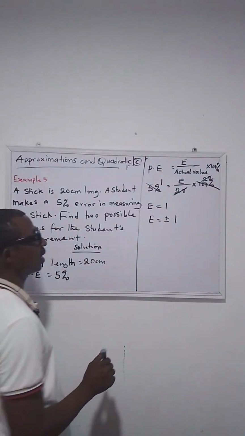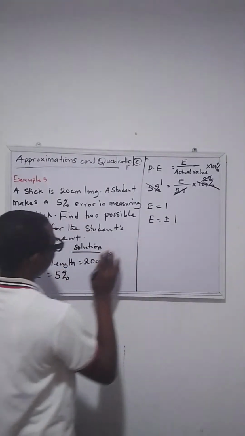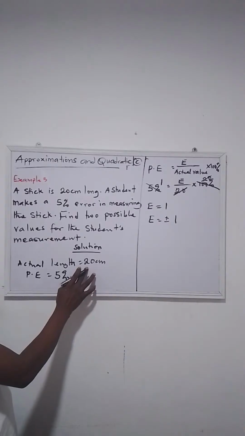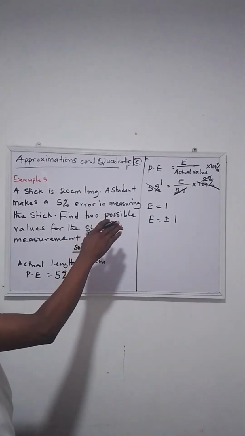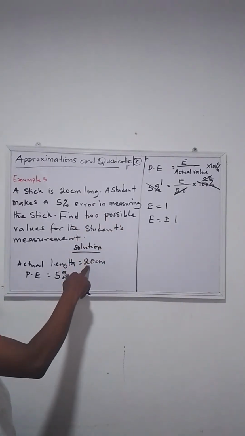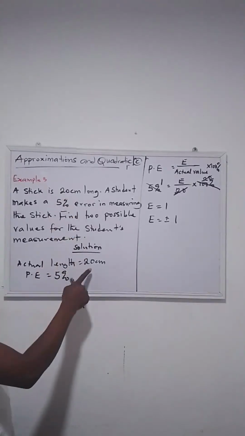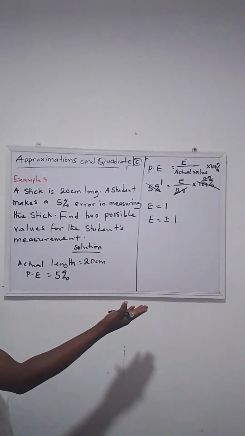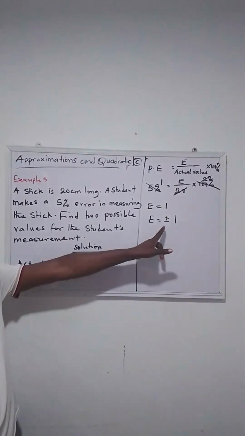So this is the actual measurement. So that means the students have either increased the length of the stick by 1 or have reduced the length of this stick by 1 when taking the measurement. And that is the meaning of this error.